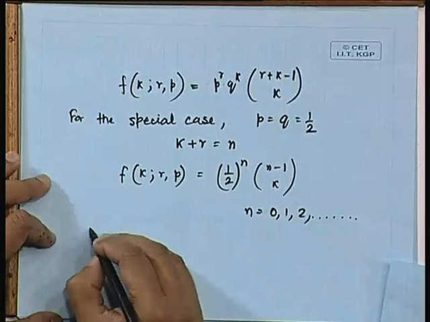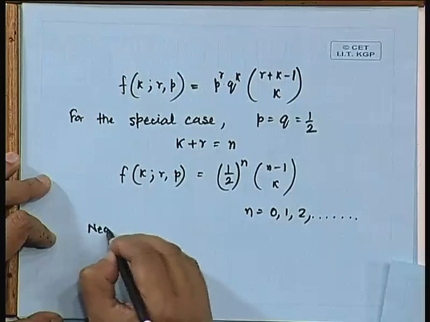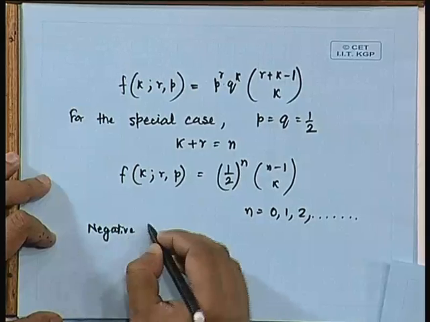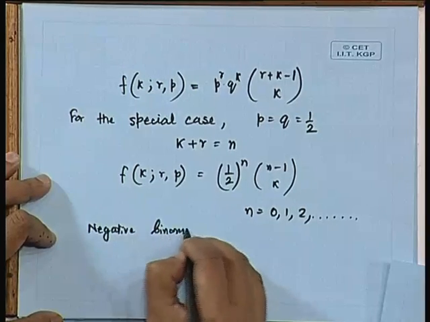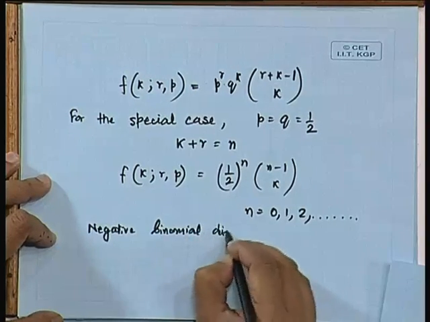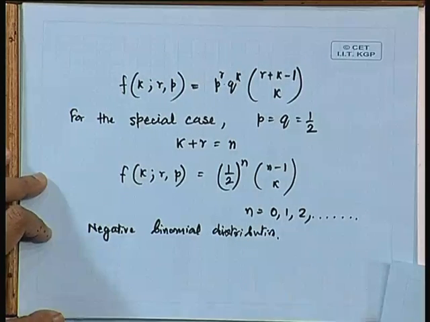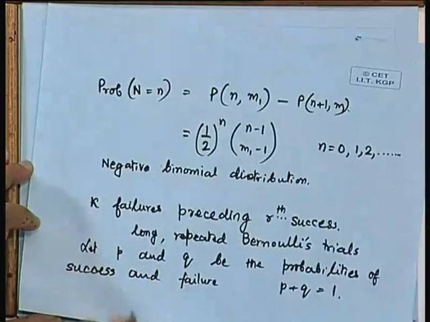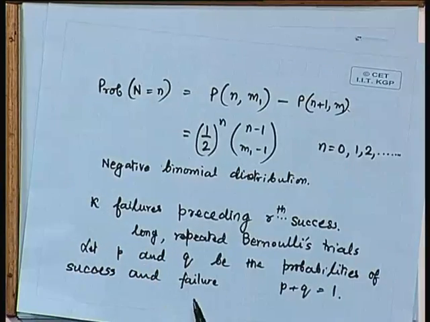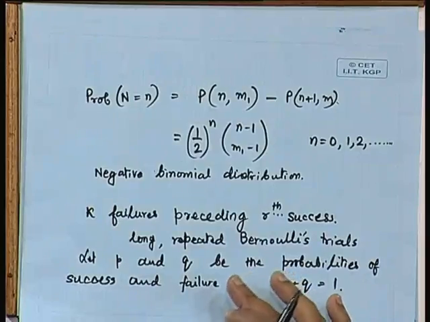So, this expression is nothing but a negative binomial distribution. What we have got is the probability of n equal to n as a negative binomial distribution. Essentially, we are varying n, keeping n as a random variable, and we get a very interesting distribution.